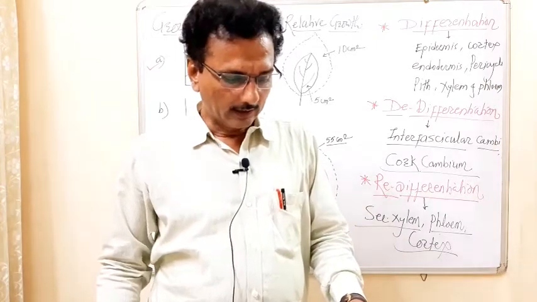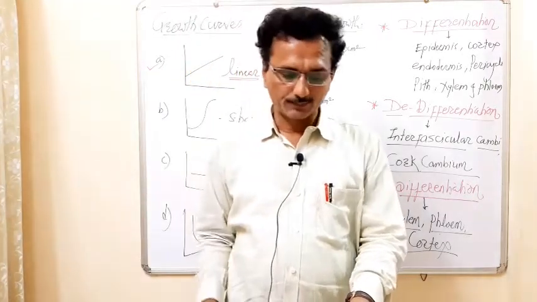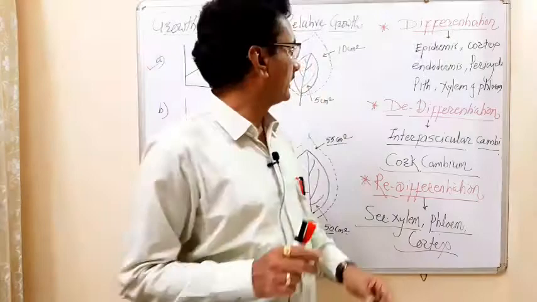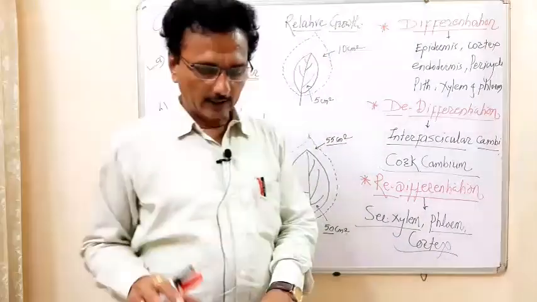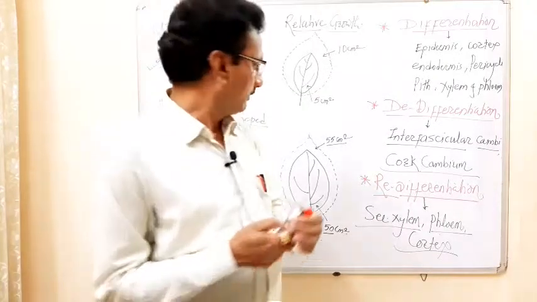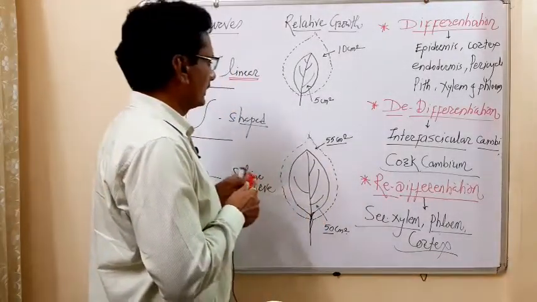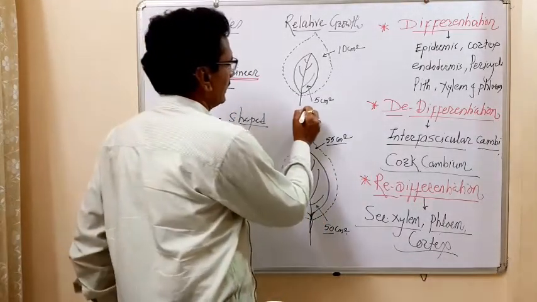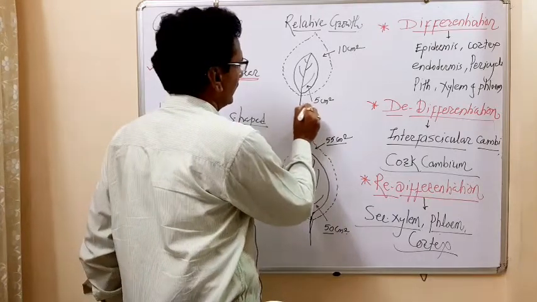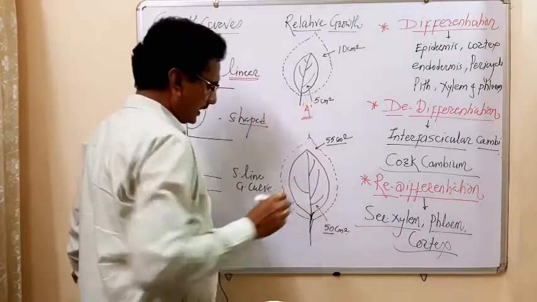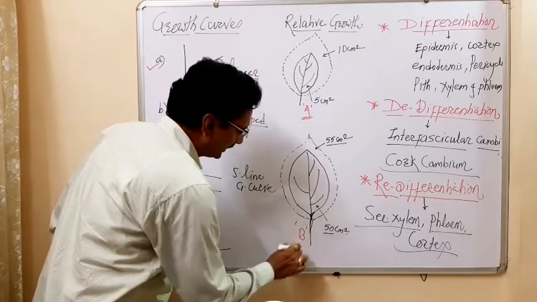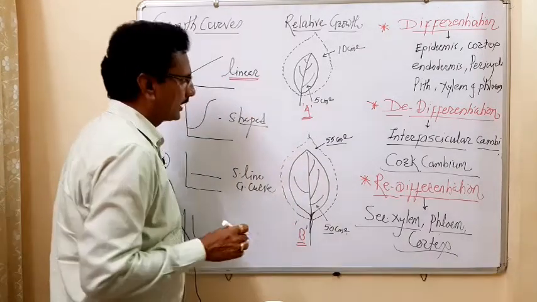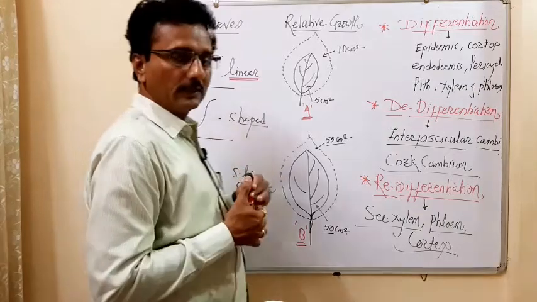Then the next question, number 13, is based on relative growth. They have given two systems. The first system is leaf A, and another system is leaf B. See, what is meant by relative growth?